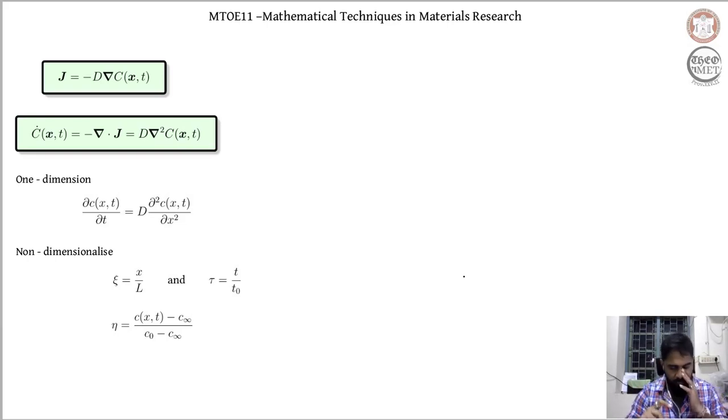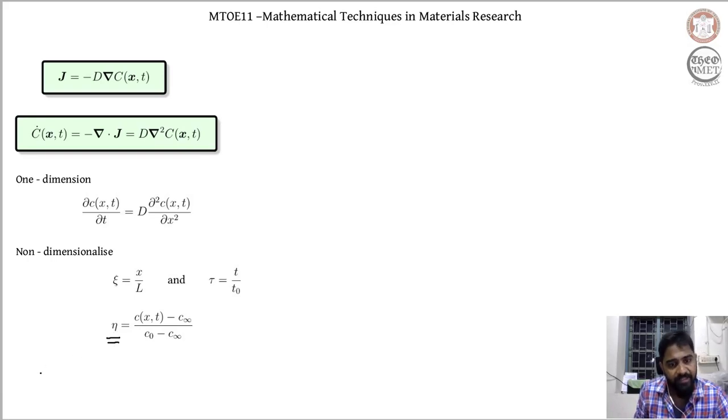It is possible to even further simplify the description of concentration by expressing my concentration using eta.